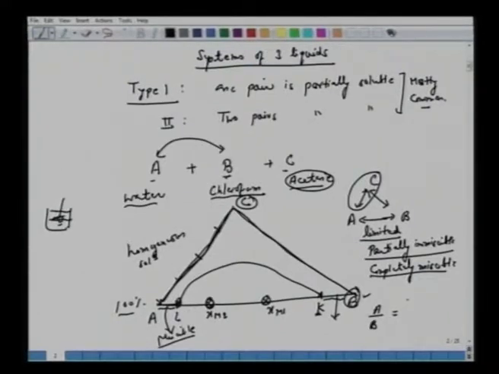This would be equal to, let's say, Xm1, so A by B, minus whatever you have, Xb over Xa minus Xm1. All right. So the ratios of these two segments here.